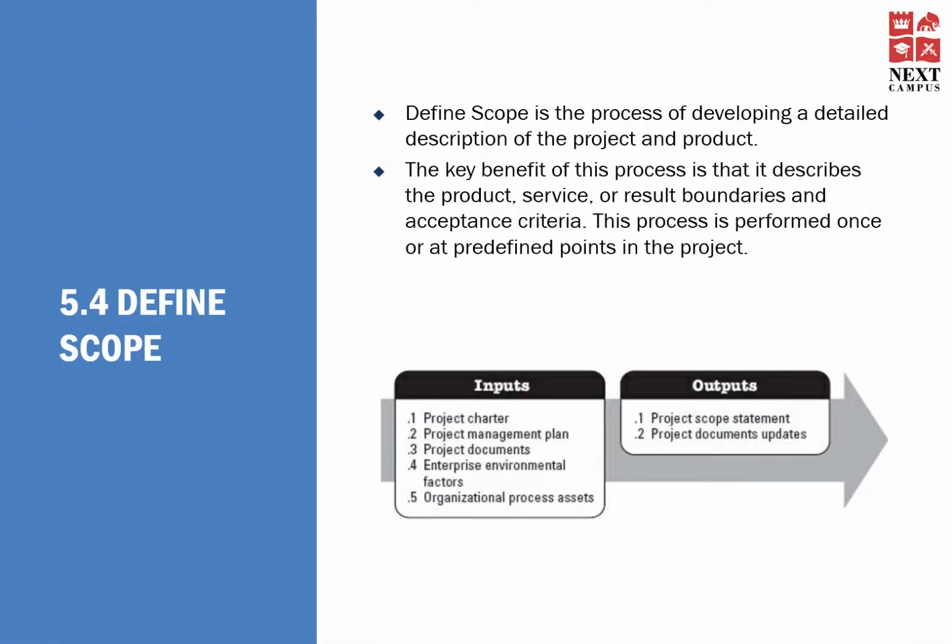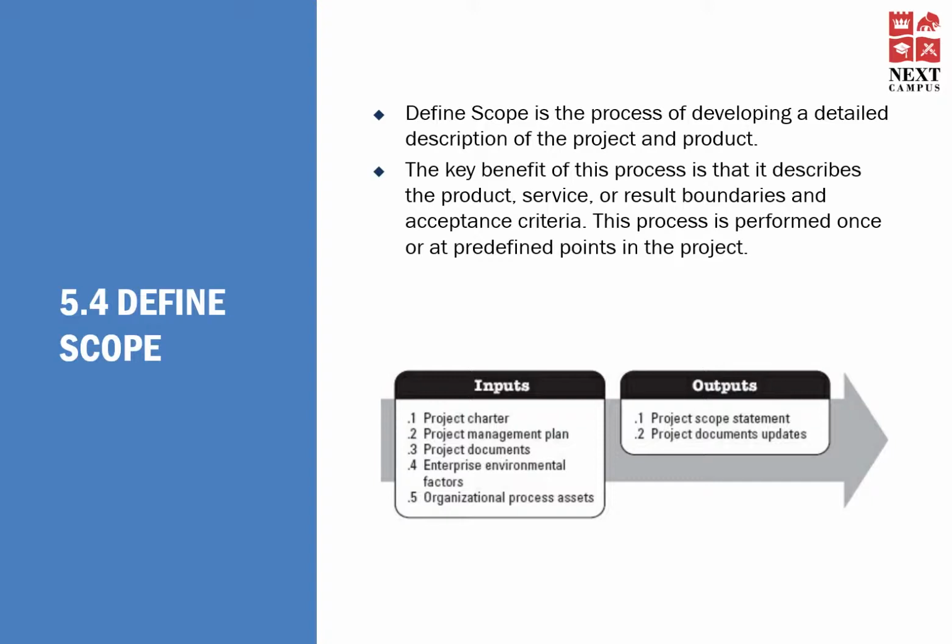Define scope. Once you collect the requirements, the next activity that you need to do is defining the scope. Define scope is a process of developing a detailed description of the project and the product. The key benefit of this process is that it describes the product, service or result boundaries and acceptance criteria.